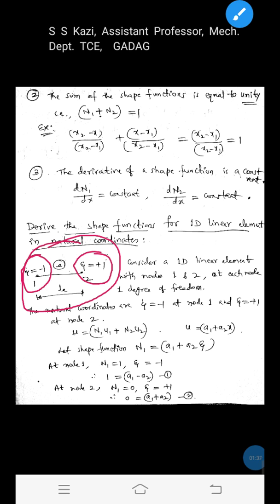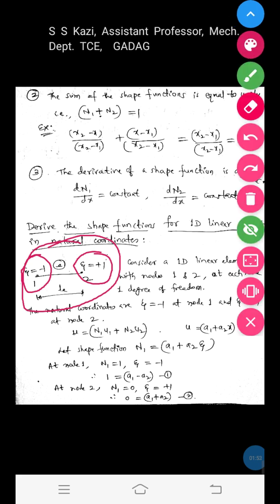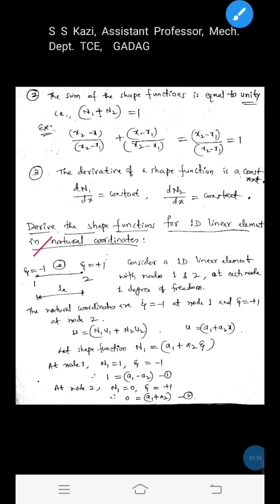Natural coordinates range from -1 to 0 to +1 only, and those values are dimensionless numbers. For one-dimensional elements we use only one coordinate, that is zeta; for two-dimensional, zeta and eta, and so on. Since it is a 1D element, we use only zeta as the natural coordinate.